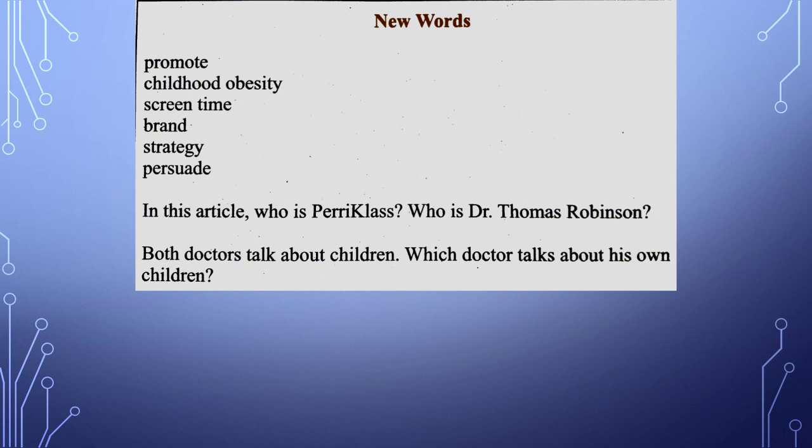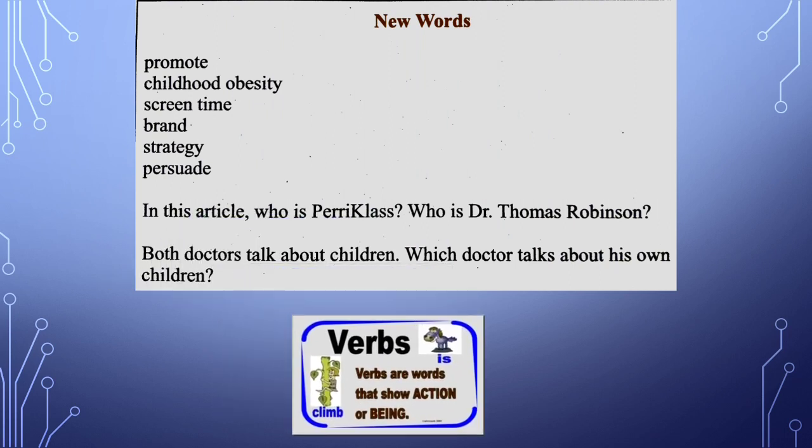So dear students, this will end. This is the homework for you, and in the next video we will be talking about verbs, because next activity is based on verbs. Let me remind you that verbs are the words that show action or being. So 'is' is a verb and 'climb' is a verb. These are the two examples here.